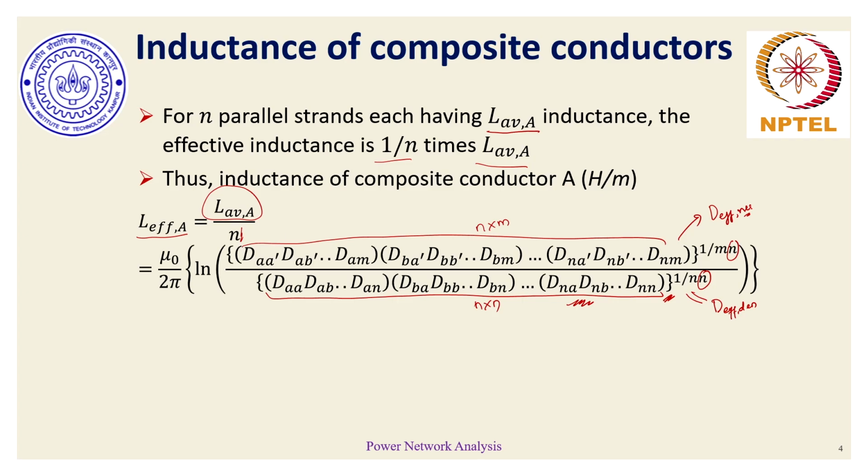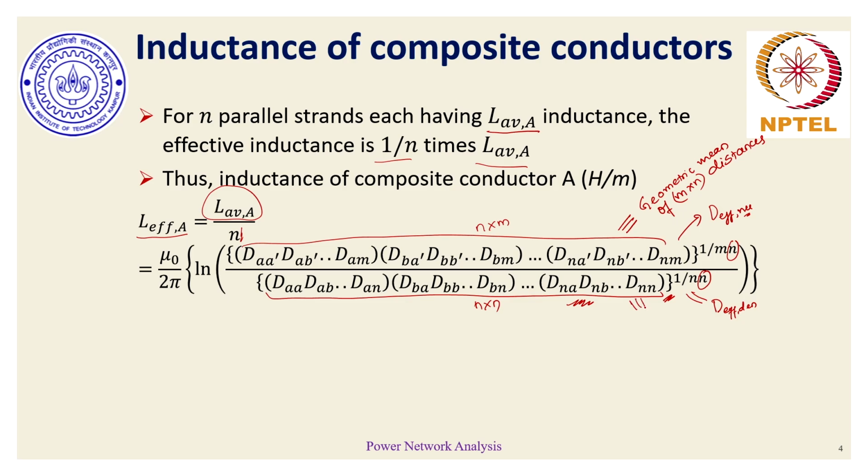Or the other way around, effectively this distance, or this product sitting in the numerator of the natural log, is nothing but the geometric mean of the m comma n distances, similar to defining the arithmetic mean.